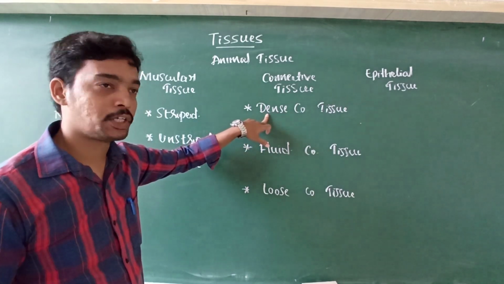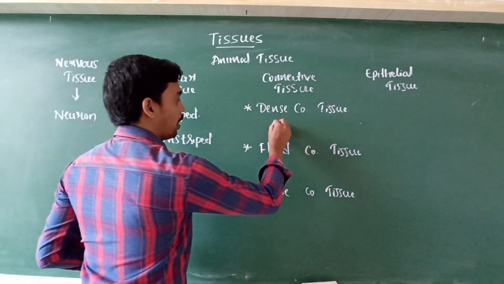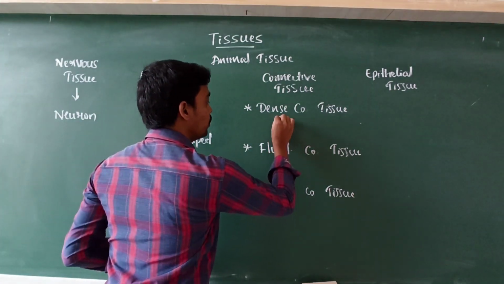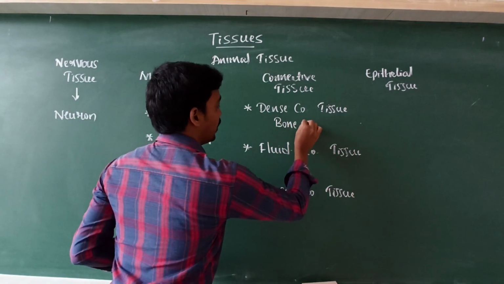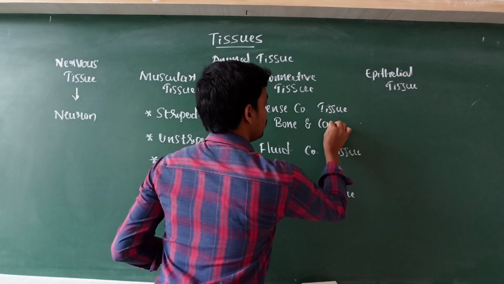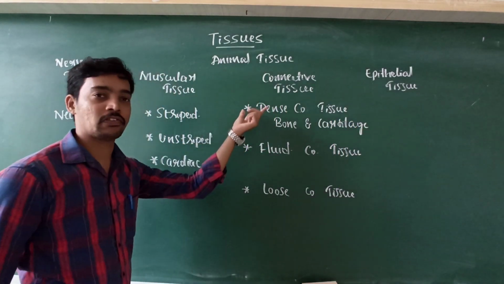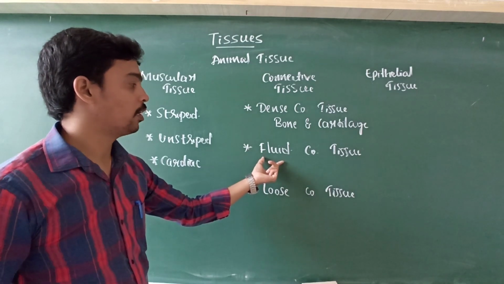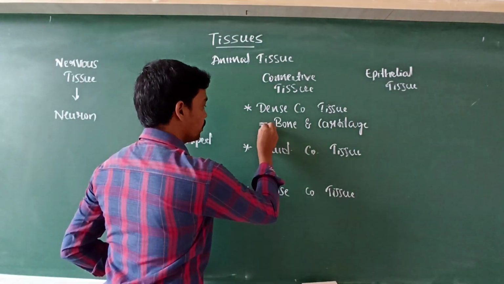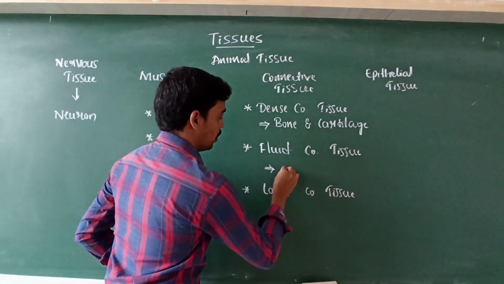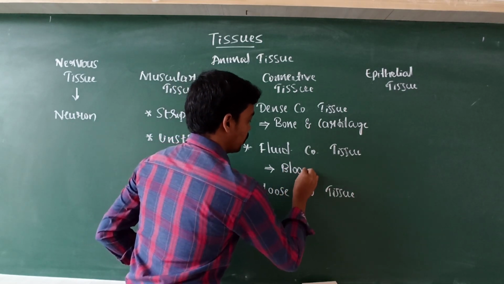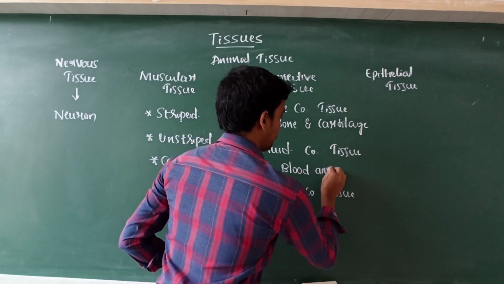Dense connective tissue has the examples bone and cartilage. Bone and cartilage belong to dense connective tissue. Next, fluid connective tissue consists of blood and lymph.